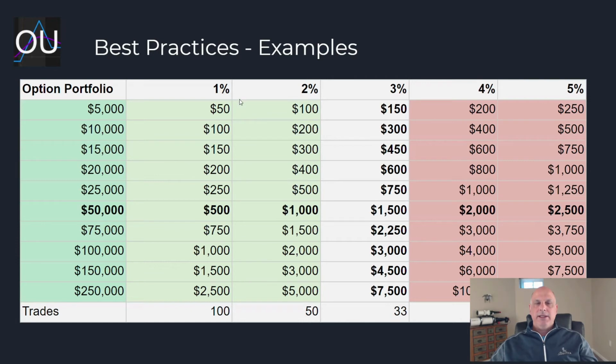In this case, you want your position size in the 1 to 2% range, because you still want to keep the number of occurrences up. But because the market isn't giving you a lot of extra premium and high volatility, and the market is kind of what we call boring, it's really hard for option traders to make money when there's not a lot of volatility. So you want to be in that 1 to 2% range when IV rank or IV is low in the market in general.